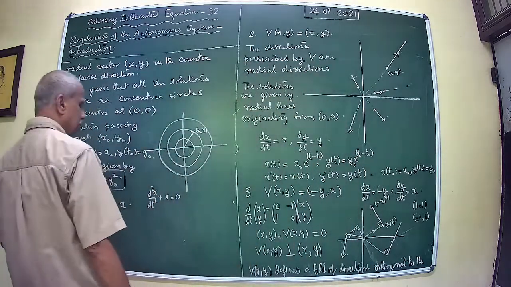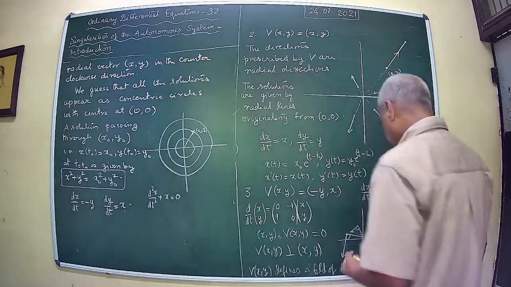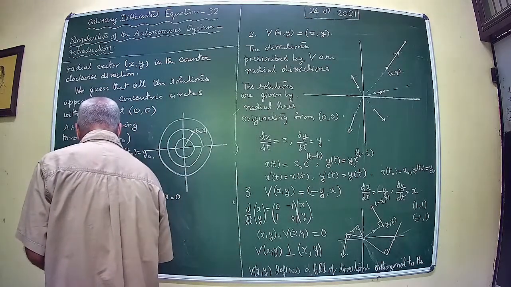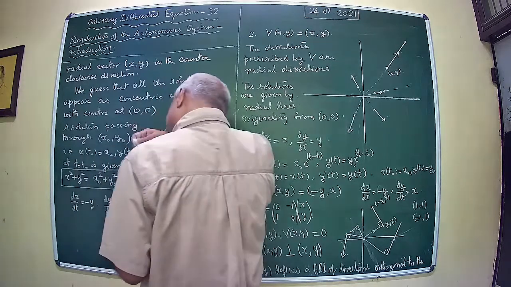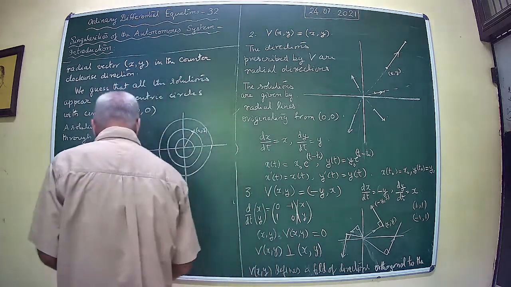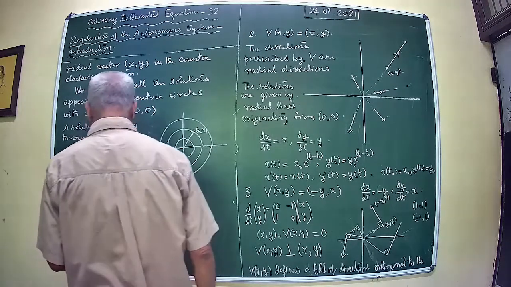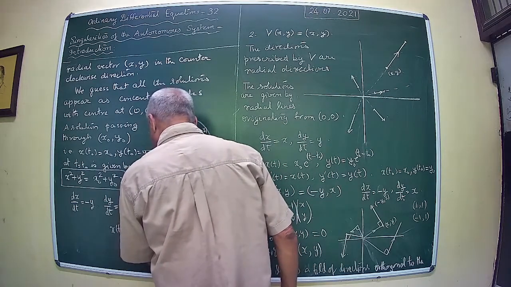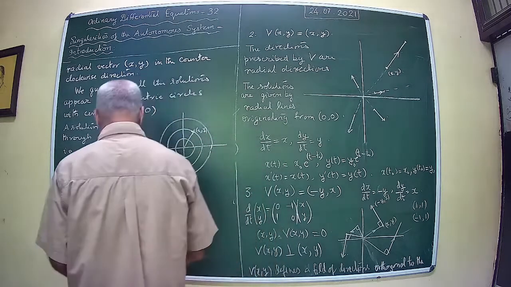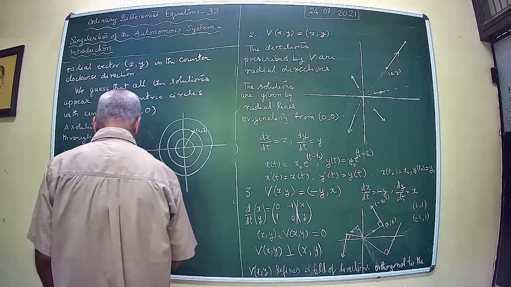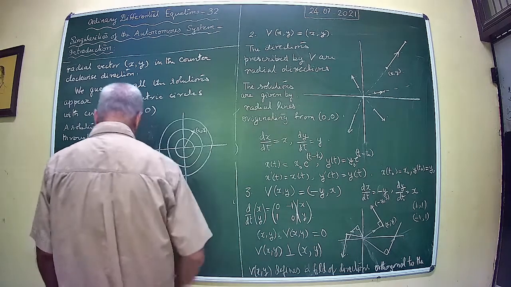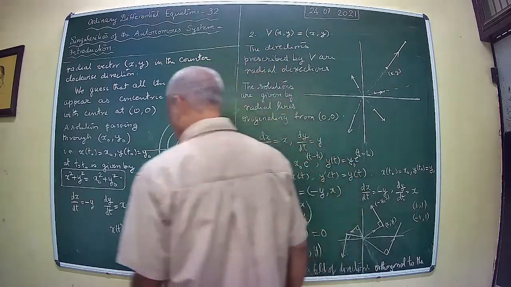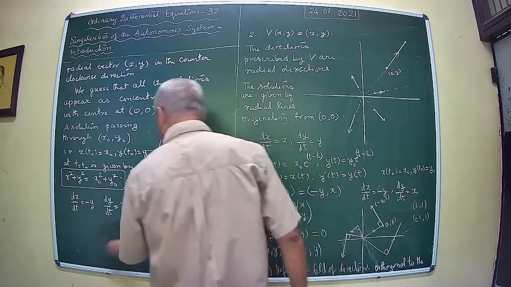Okay, so the solution is essentially given by the following. I'll write it this way. The solution is given by a linear combination of this.